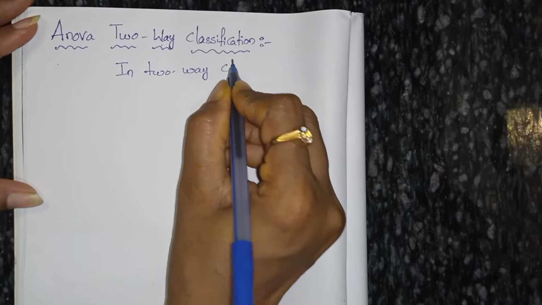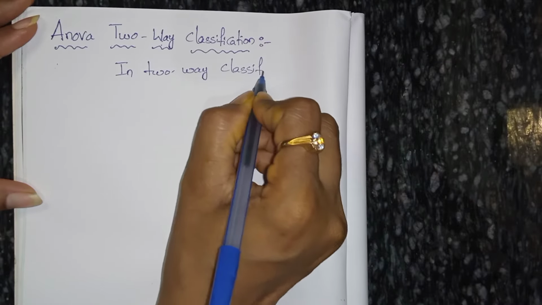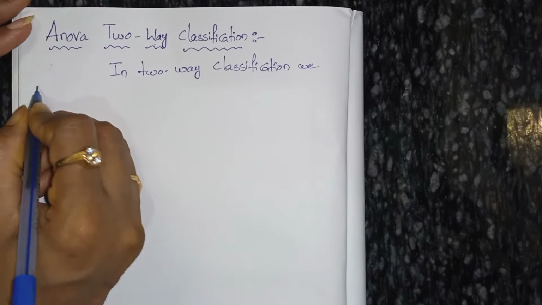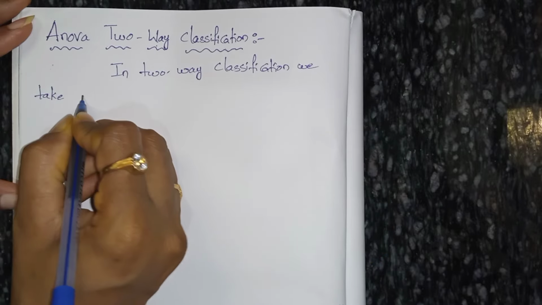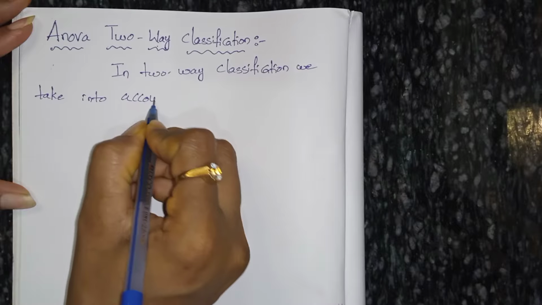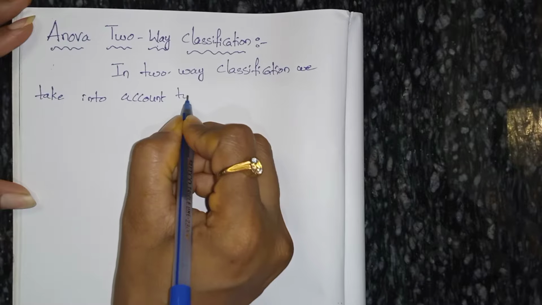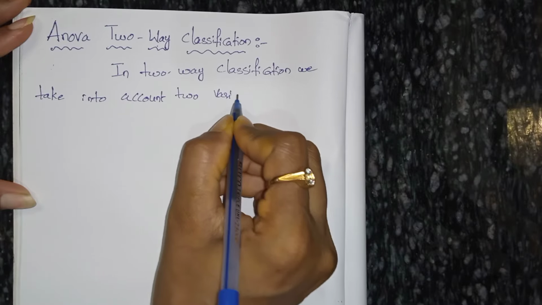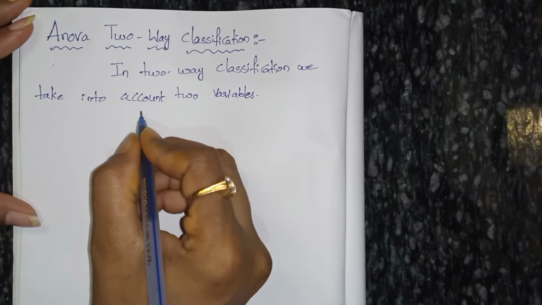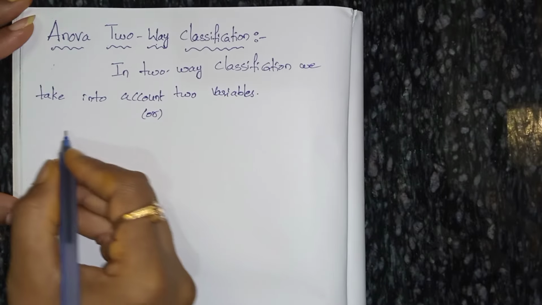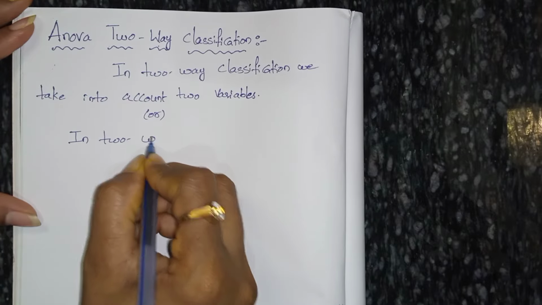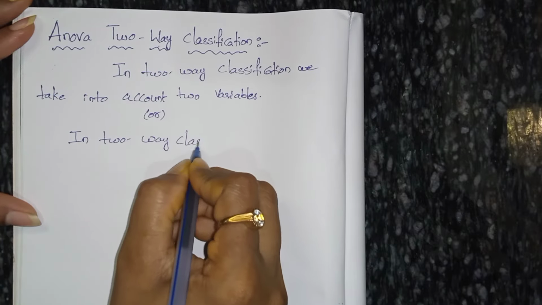So the definition is: in two-way classification we take into account, that means we are going to consider, two variables. So it is called ANOVA two-way classification.